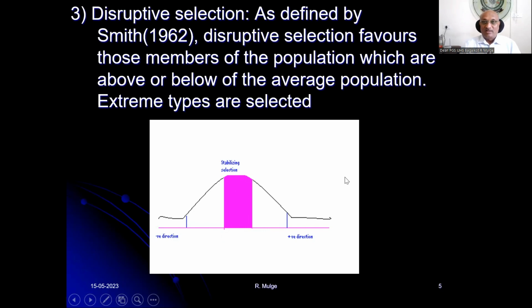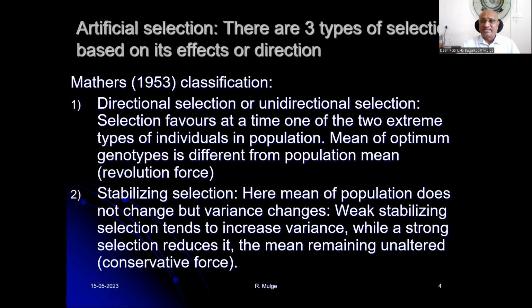So this is what your entire selection process ultimately involves: directional or unidirectional selection, stabilizing selection, and the third one, disruptive selection. These are the very basic selection methods.